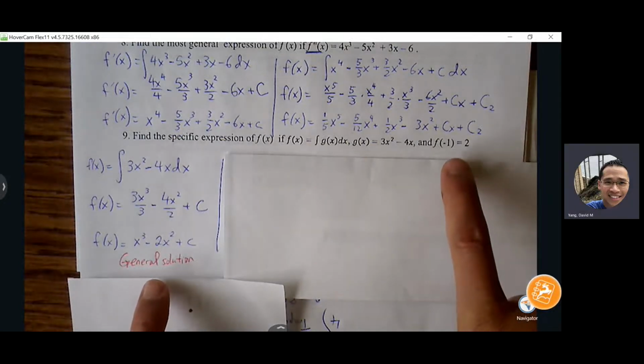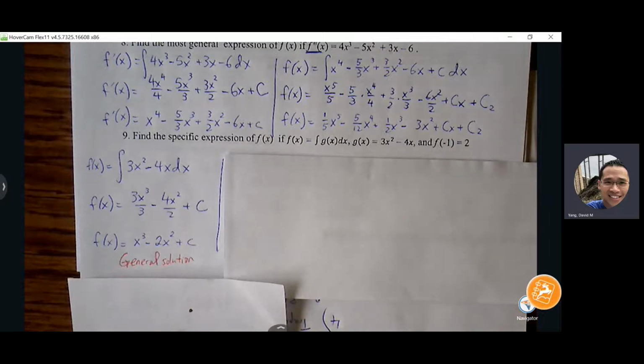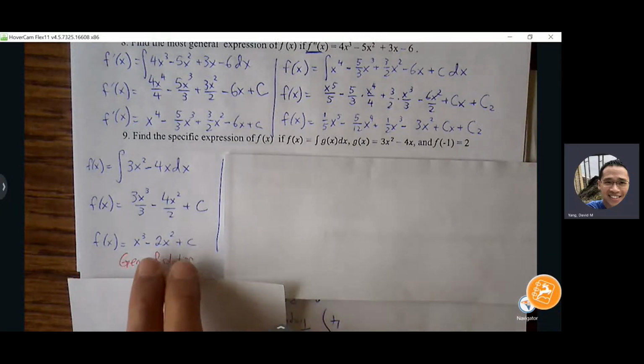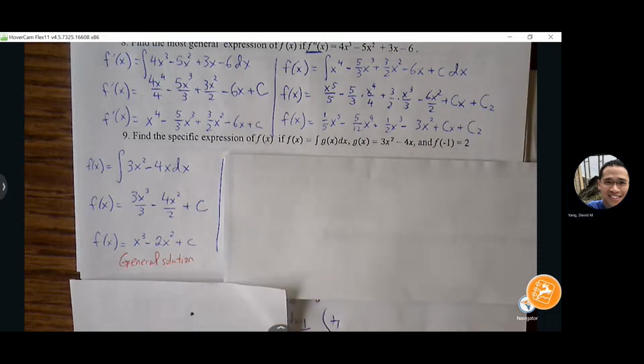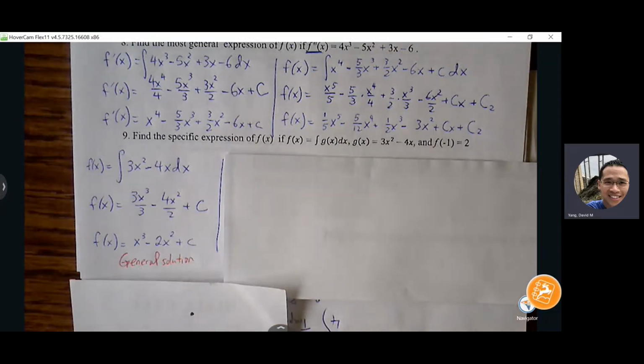Okay. To get from general to specific, we take the ordered pair that the problem provides, replace the x and y with those numeric values, and then try to solve for C. Make sure, though, that when you solve for C, you don't just end the problem and say C equals whatever value. You go back and rewrite your general equation, and then update that C with the numeric value that you found.